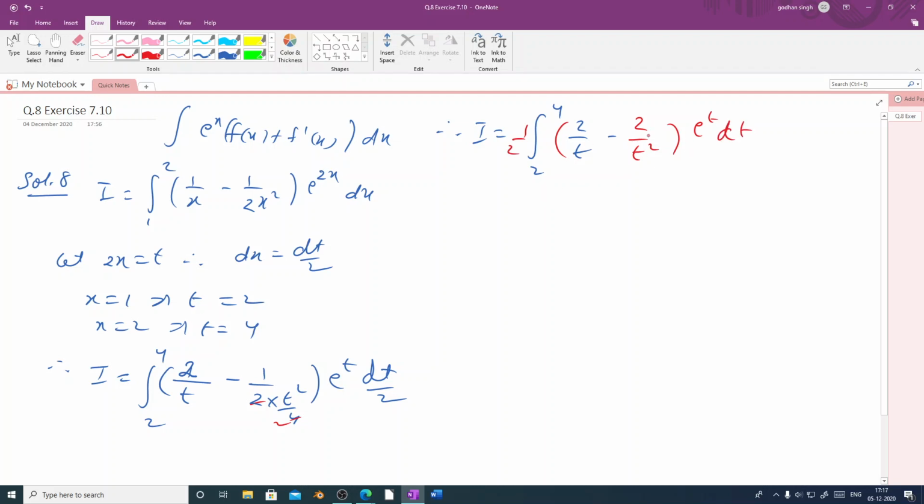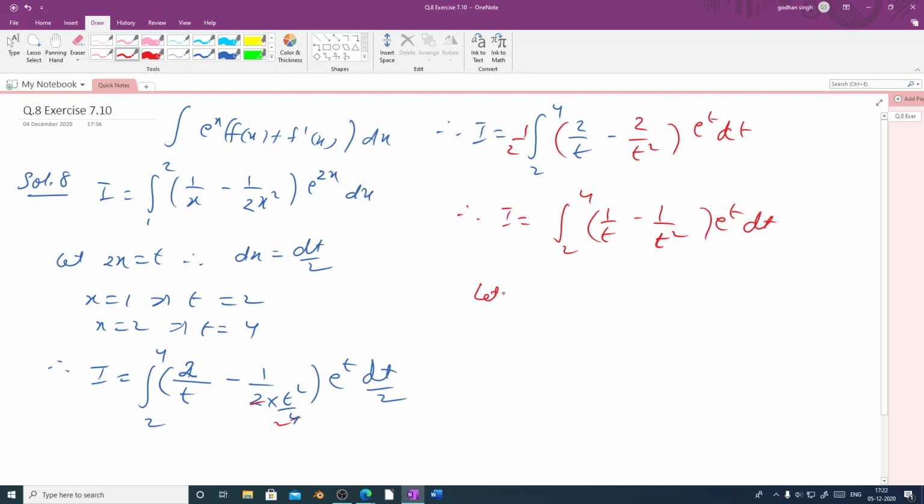Also we can take this 2 outside, so we will be getting, therefore I equal to, integrating from 2 to 4, 2 and 2 will cancel each other, so we will be getting half minus 1 by t square, half minus 1 by t square e raised to t dt.